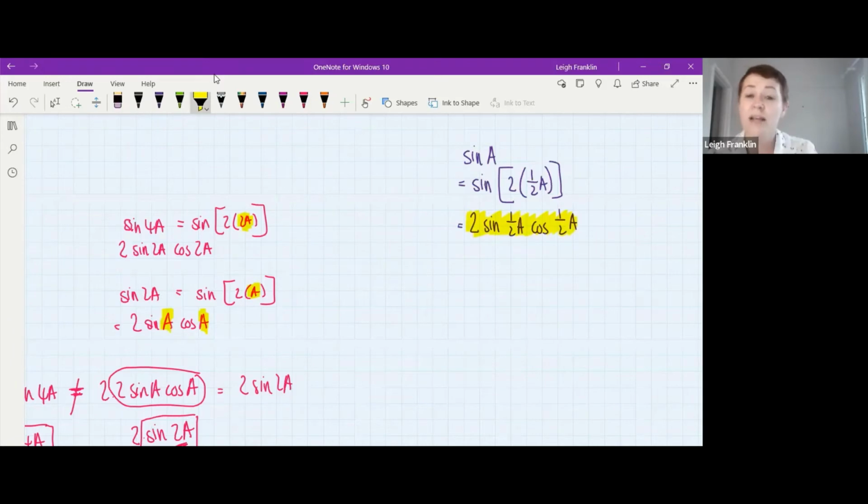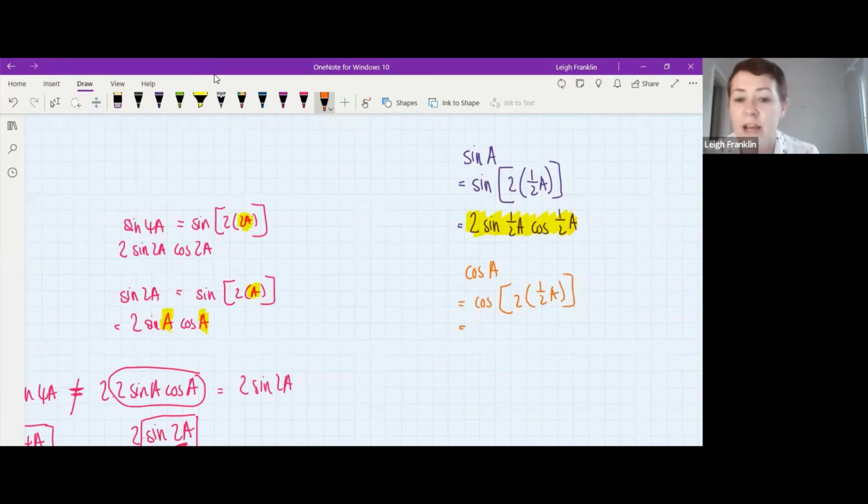So sine A can also be written as a sine double angle. And similarly, we can do the same thing with cos. So cos A can be written as cos 2 times half A. Exactly.